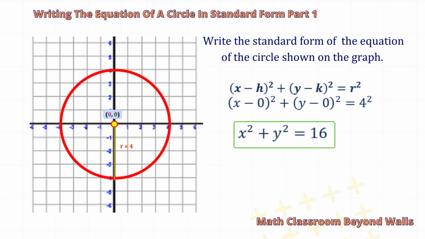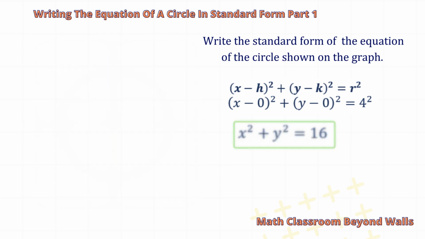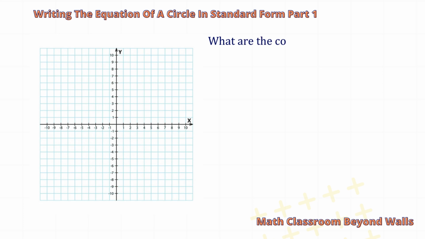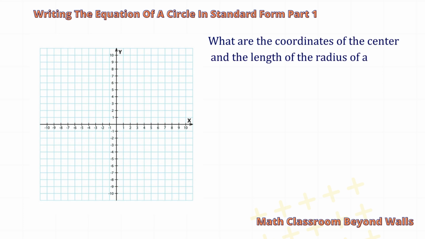This time, let us do the reverse. Let us find the center of the circle, its radius, and then we will graph the circle given the equation of the circle in standard form. Here is the problem. What are the coordinates of the center and the length of the radius of a circle with the equation (x - 3)² + (y + 1)² = 9?